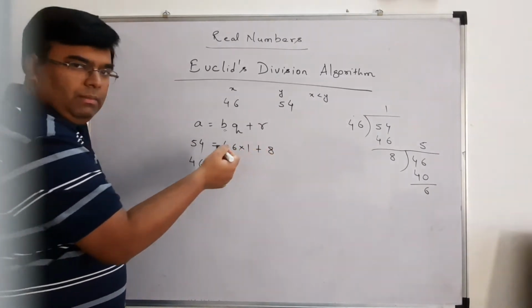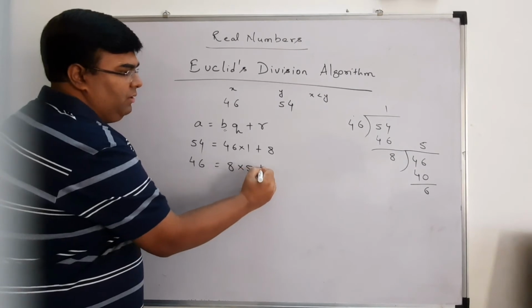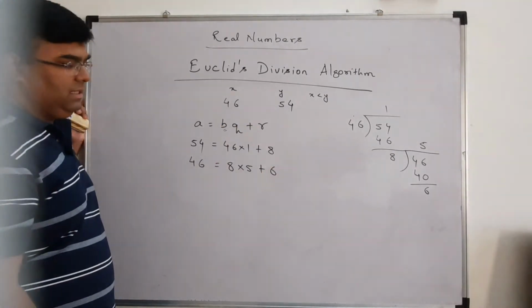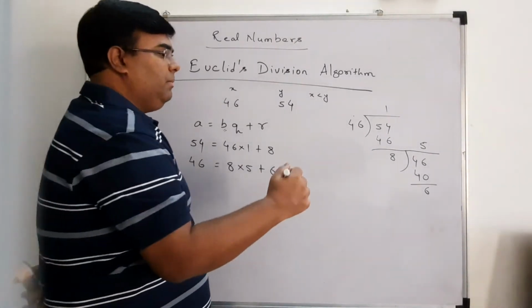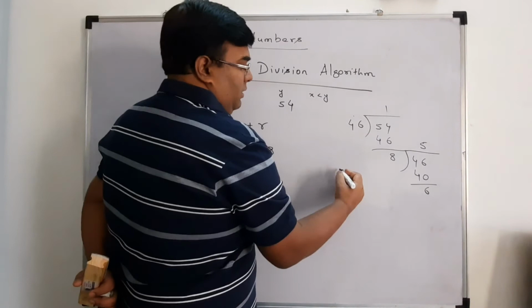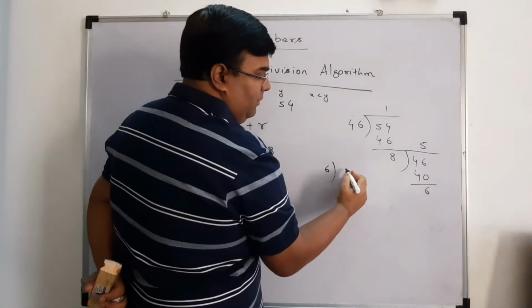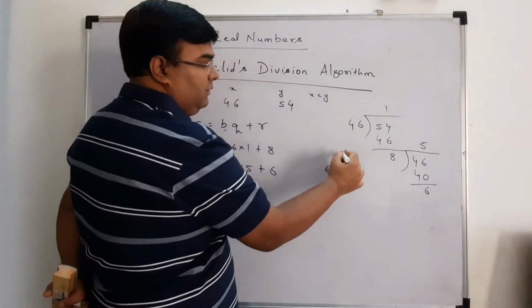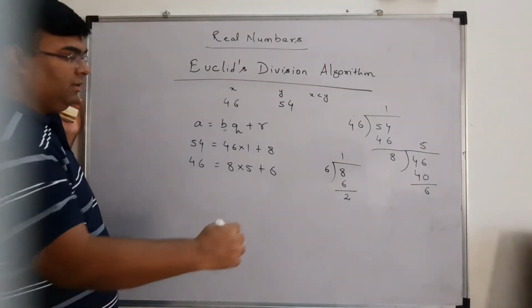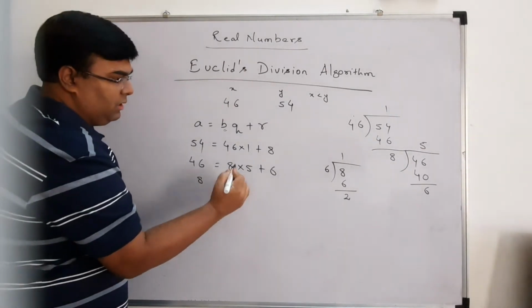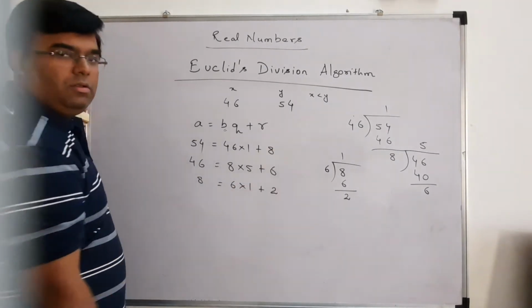So your remainder will now become the divisor b. 46 = 8 multiplied by 5 plus 6. What was the remainder? 6. Okay, this is my second step. Again, third step. 6 will be outside. Now your b will become a inside. Right? So you can write 8 = 6 multiplied by 1 plus 2.